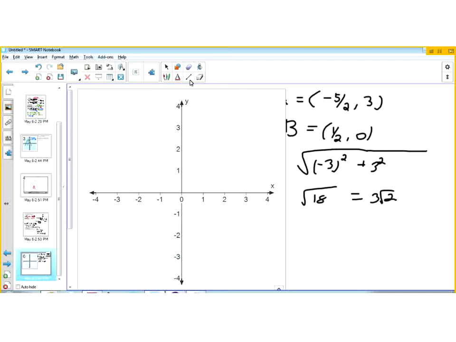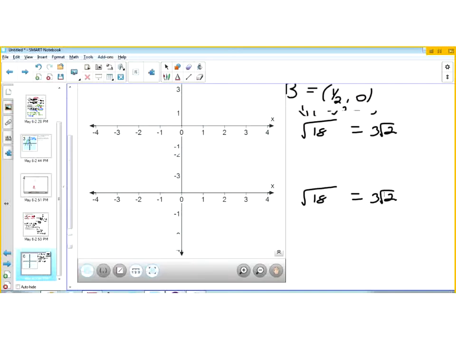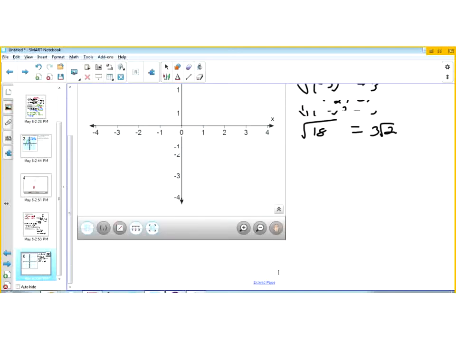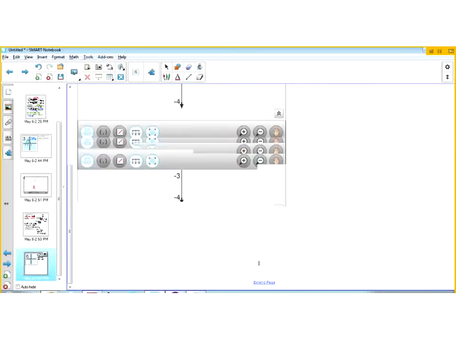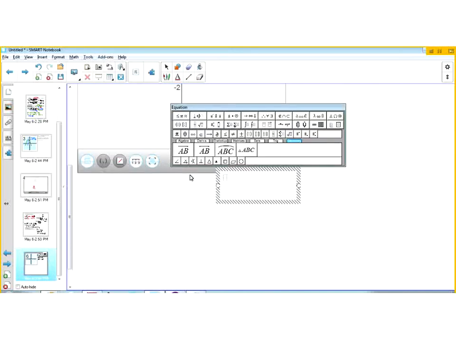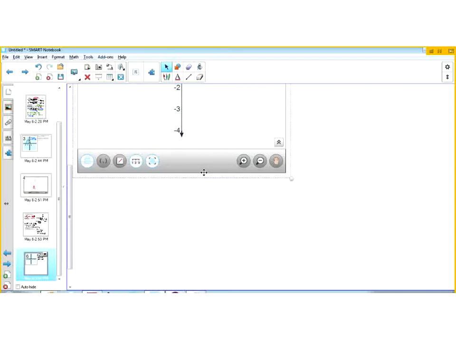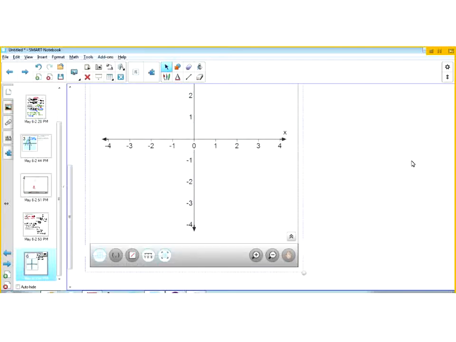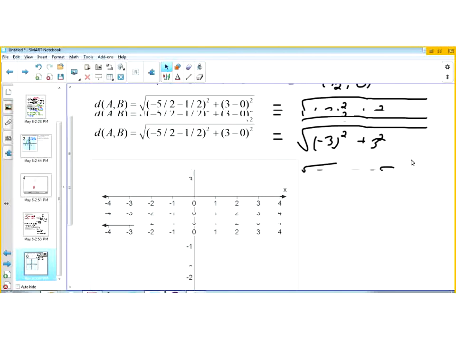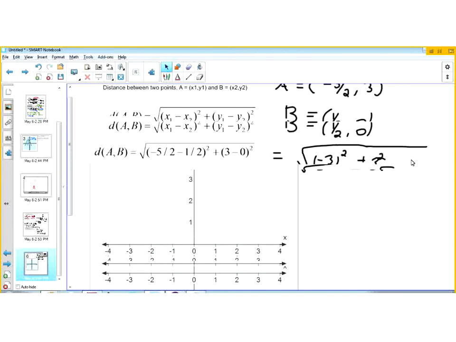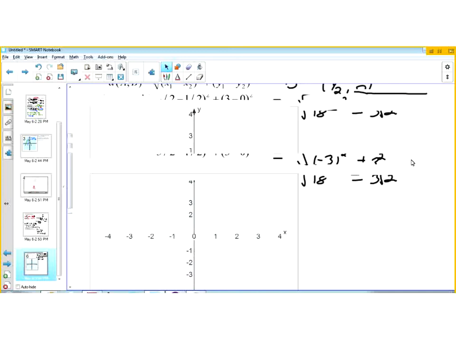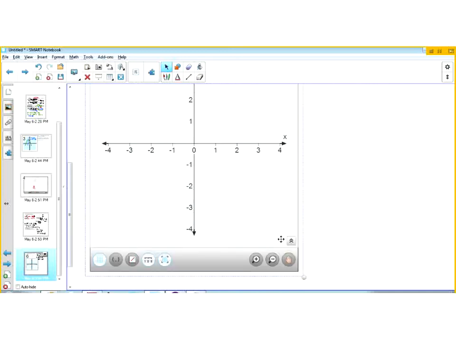All right, so let's find the midpoint of A and B. So A got truncated, didn't it? Can I copy this down? Extend page. Change the cursor. Let's see, yeah, I think I can move this around. Yeah, okay, so here we go. Oops, I covered up the formula, didn't I?